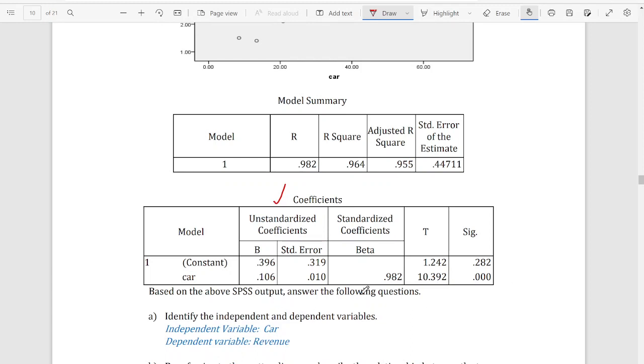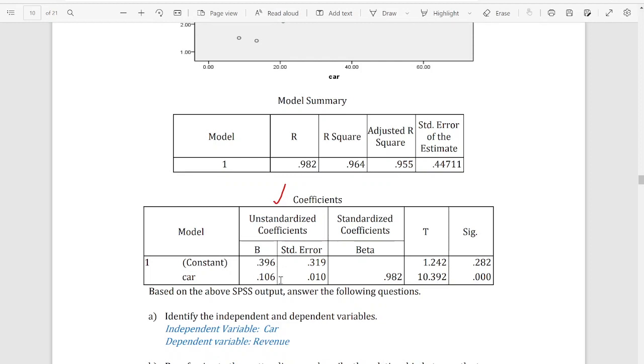Okay, how do you write the equation? So how do we get the regression equation? Looking at the unstandardized coefficient here, the B values here refer to the coefficients A and B. Okay, the first row is the constant. So the constant value is the value of A. Meanwhile, for the second row, you have car and the B value is 0.106.